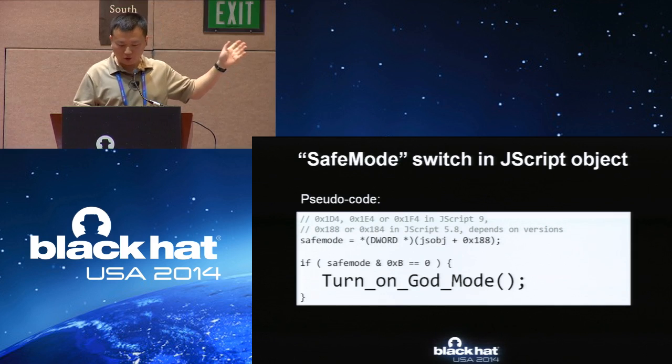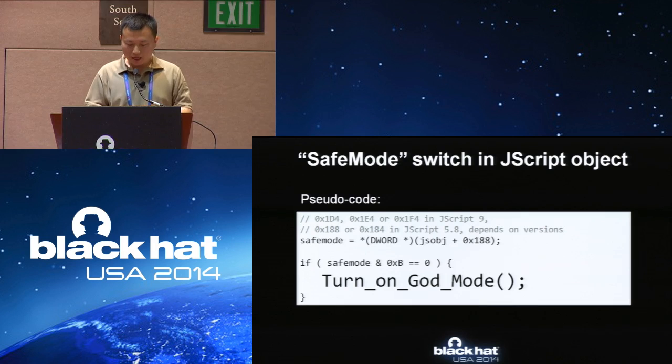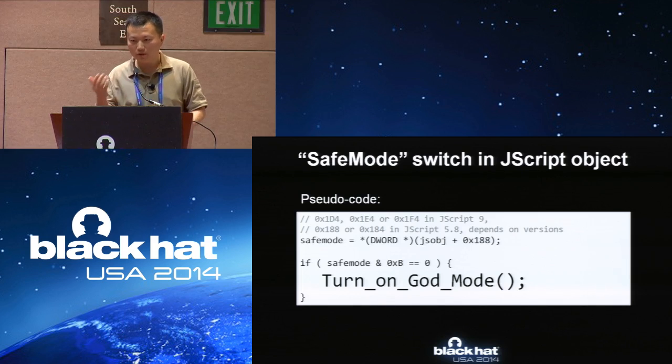That's our vital point. At some special address, as long as even 1 byte is overwritten, your browser will enter god mode. Then you can do anything: run programs, read and write local files. You can do anything. Just 1 byte.